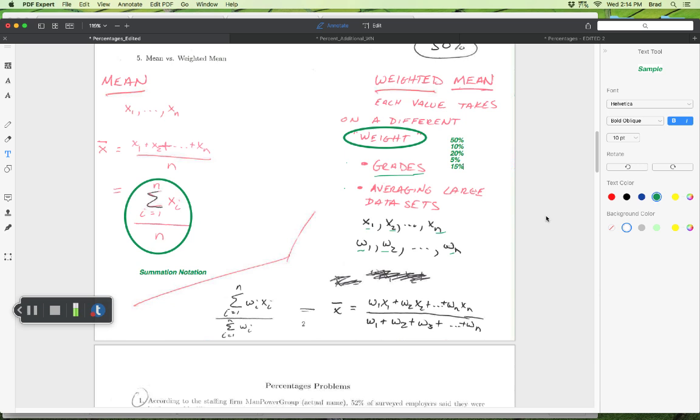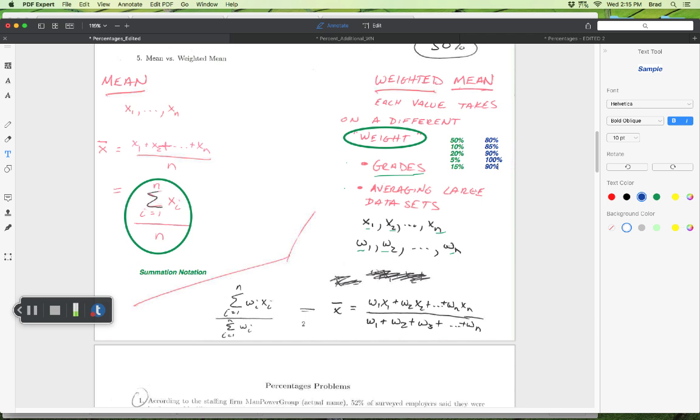Hopefully, not a great numbers guy, that's a joke, that adds up to 100. Let's say in this 50% category you got 80% of the points, in the 10% category you got 85% of the points, over here you got 90% of the points, here you got 100% of the points, and here you got 90% of the points again.